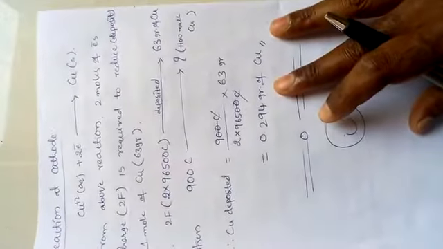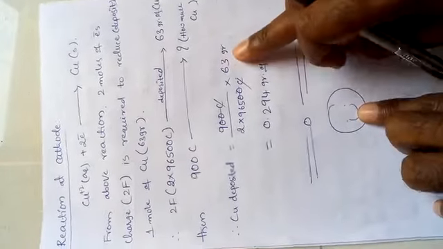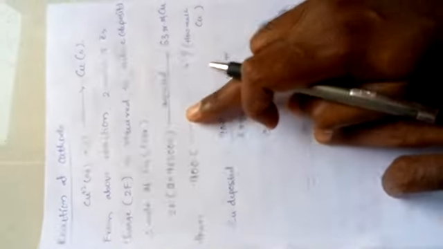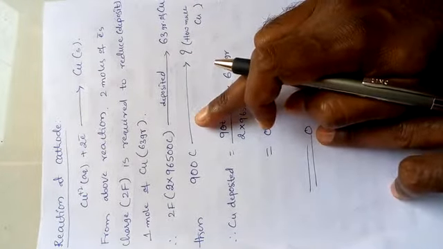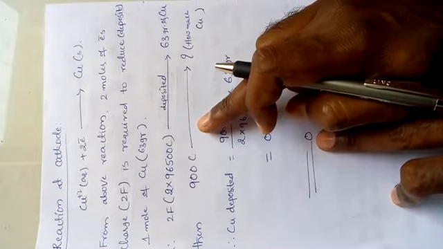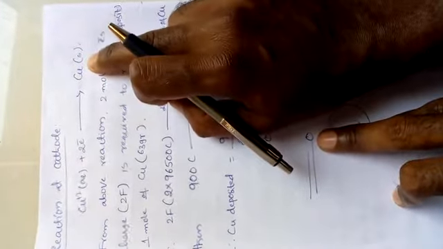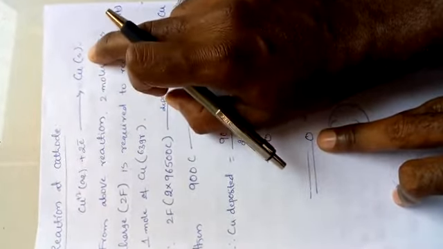Then, which type of reaction takes place at the cathode? Reduction. The copper ions present in the aqueous solution reach the cathode, take 2 electrons from the cathode, and are deposited as solid copper metal.